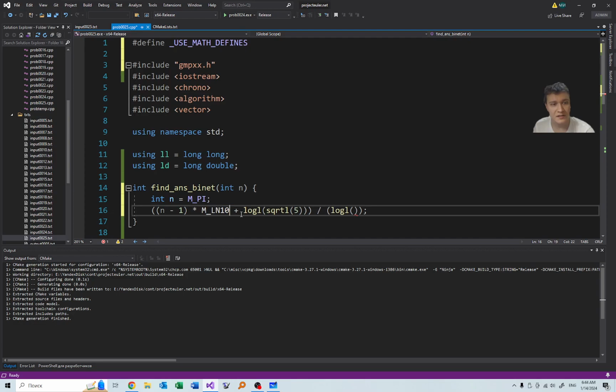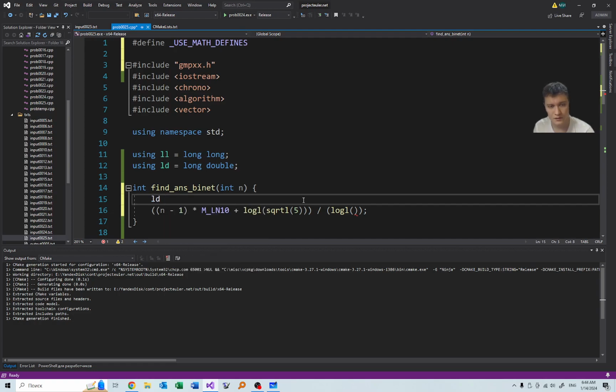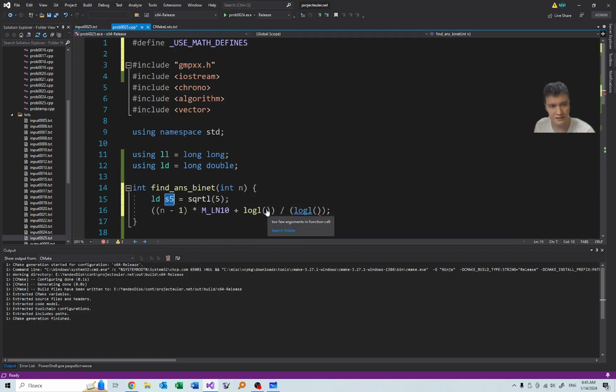So here we can replace it with logarithm of 10. And here we use logarithm of 5. Square root of 5 is this number. Here we take its logarithm, and here we take logarithm of 1 plus square root of 5 over 2.